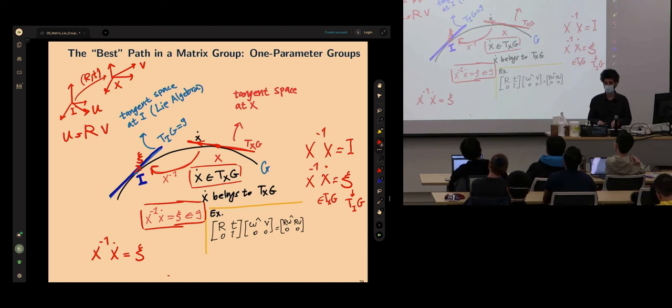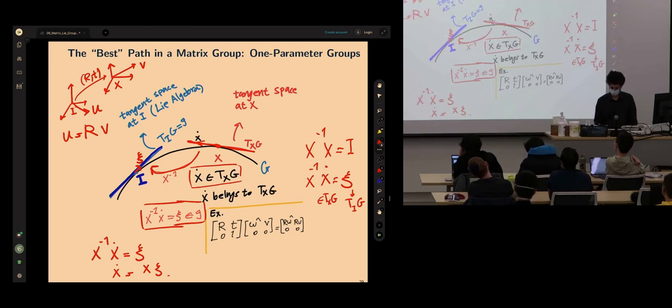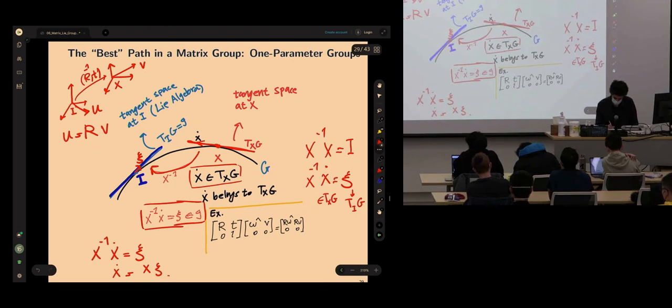I'm talking about the same thing. So x dot equals x times, you see. I need to use R inverse here, so this makes sense.